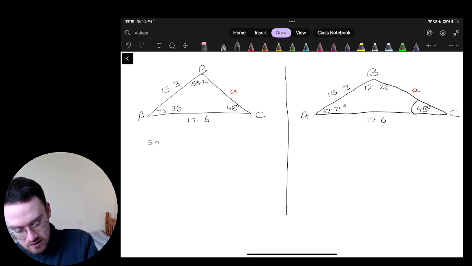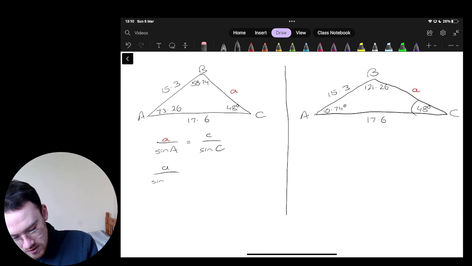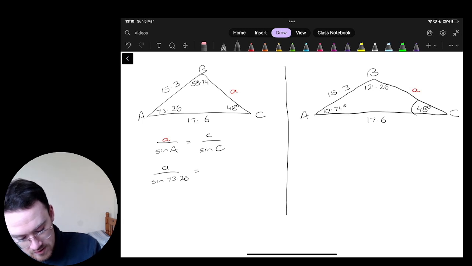So we'll leave side A on the top. A over sine A is equal to, and we can do either or, so we would do C over sine C. So A over sine 73.26 equals C, 15.3 over sine 48.